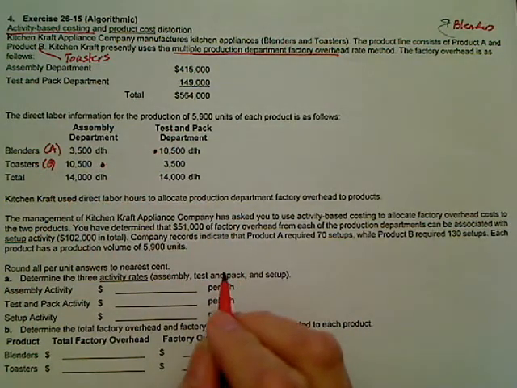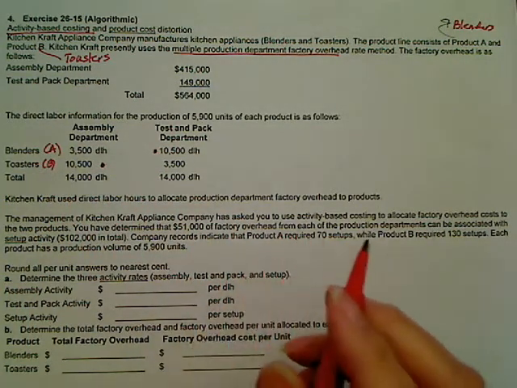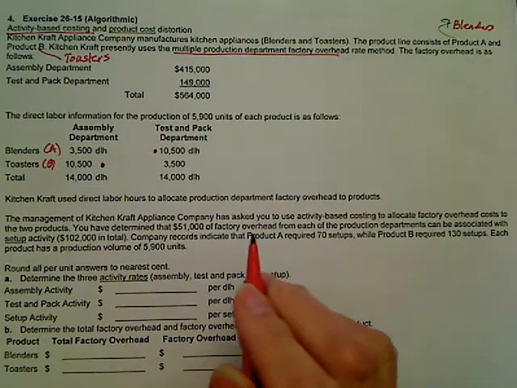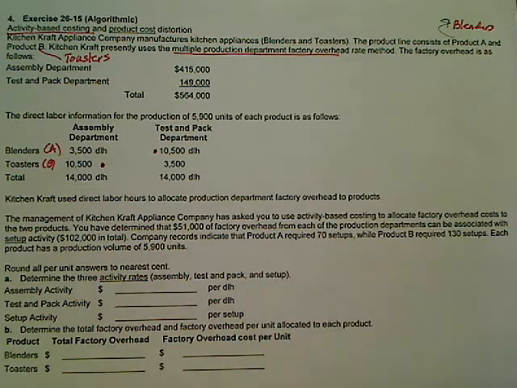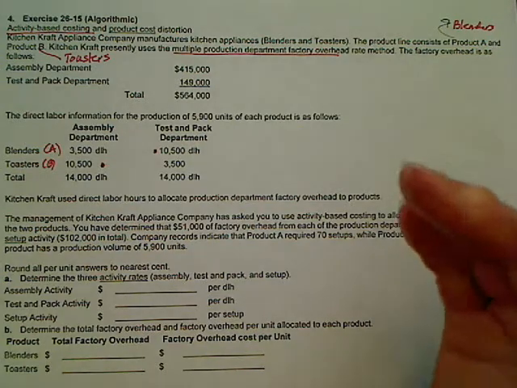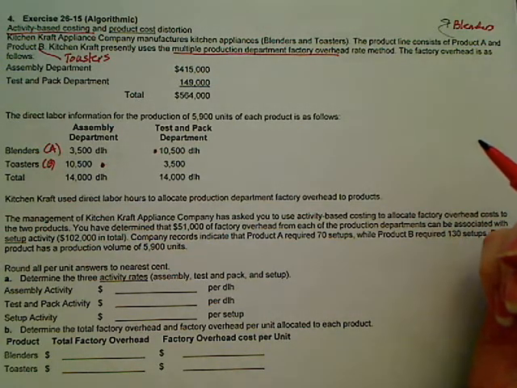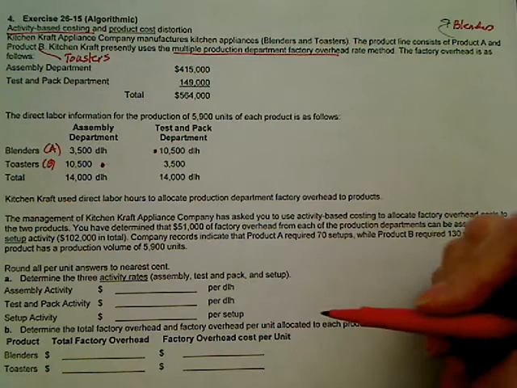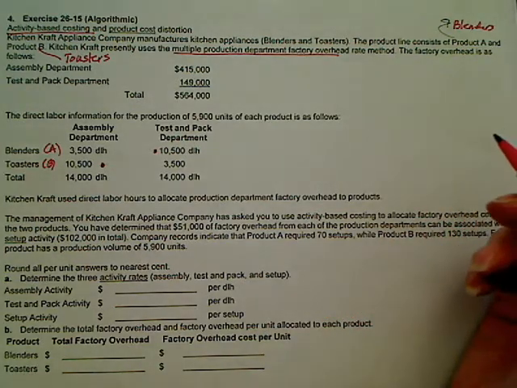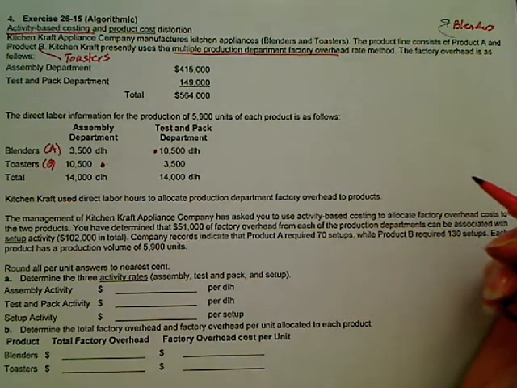So going with the department rate would be much better than the single plant-wide rate, but let's just go ahead and do the problem because we did that example in class, so I don't need to do that again. Okay, here's the trick.